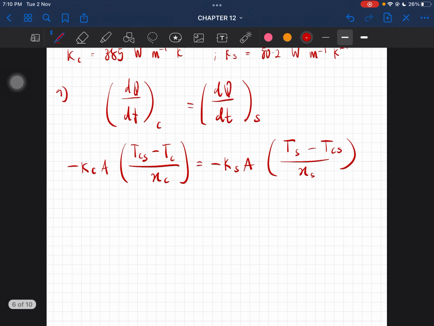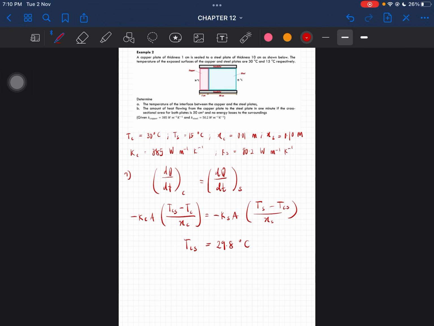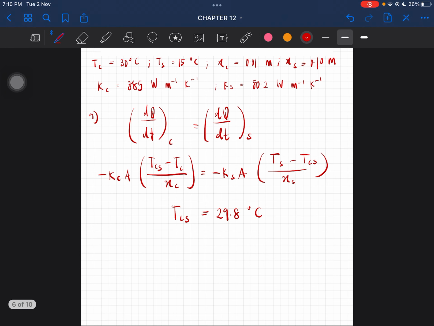Okay, so again, cancel out what you can cancel. You should then get the temperature at the interface of the copper and steel plate to be equal to 29.8 degrees Celsius.